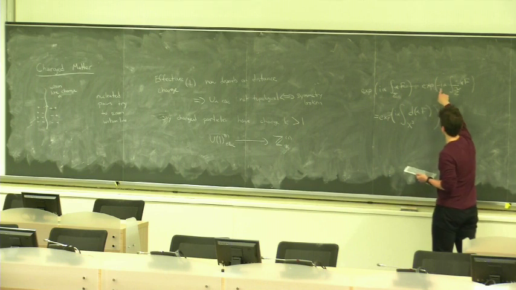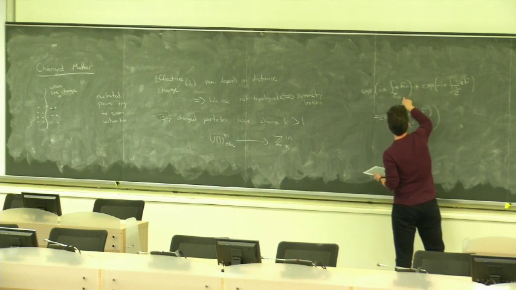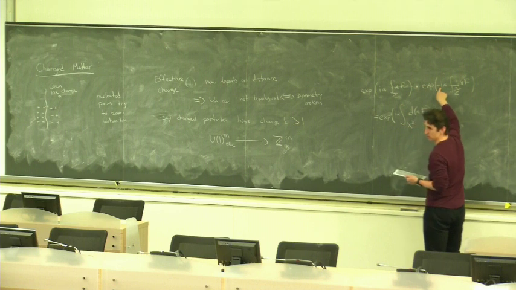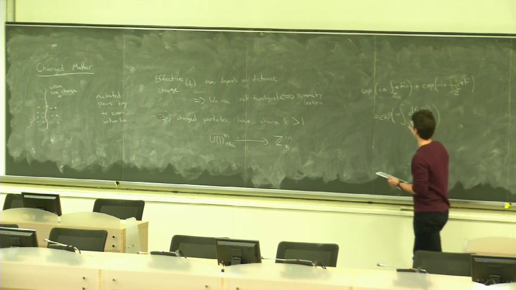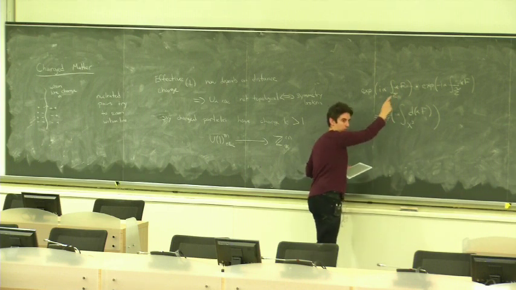Yes? This minus this. This is a product of two things. This times this, but there's a minus sign. So that's like asking what's the difference, how does this operator change if I wiggle sigma a little bit?